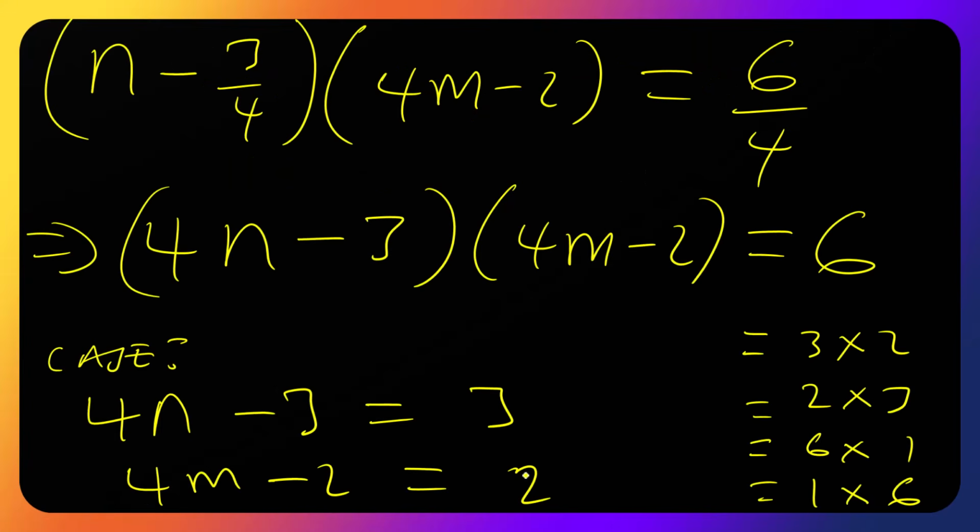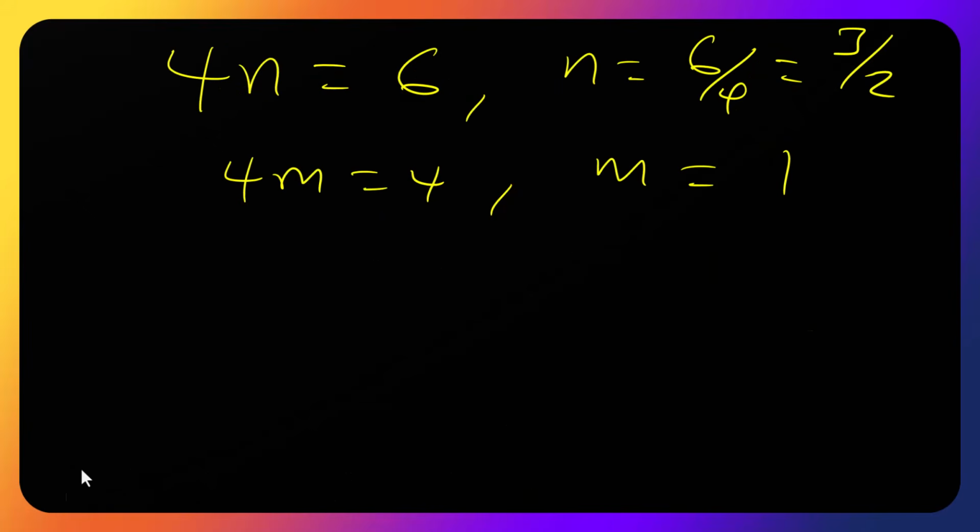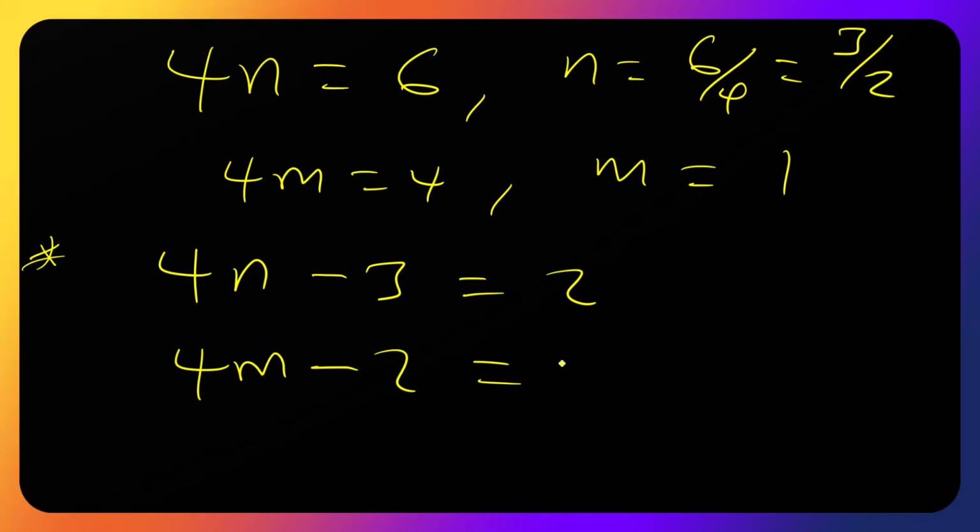Now let's interchange them, then see. So this time, this one will bear this, and this one also bear that. So case 2, 4n minus 3 equals to 2, then 4m minus 2 equals to 3.